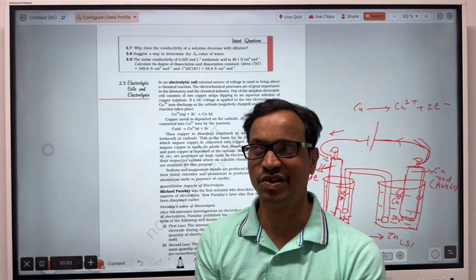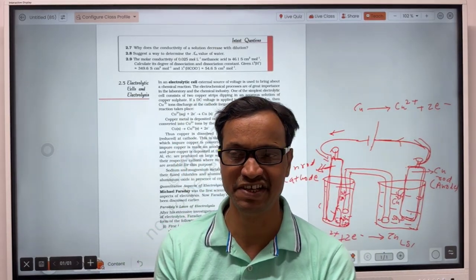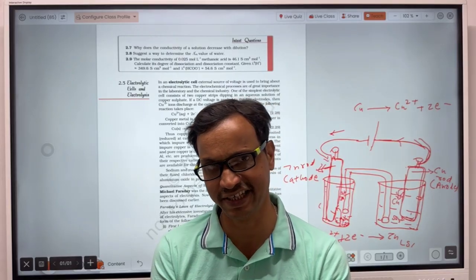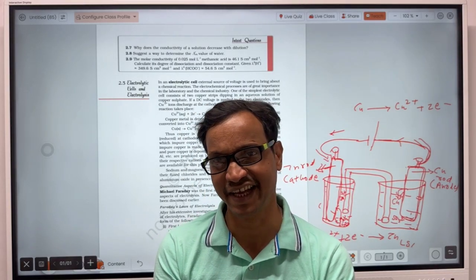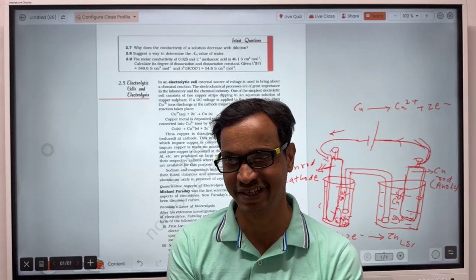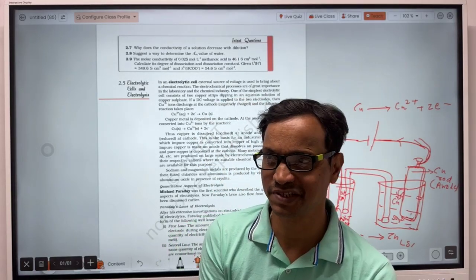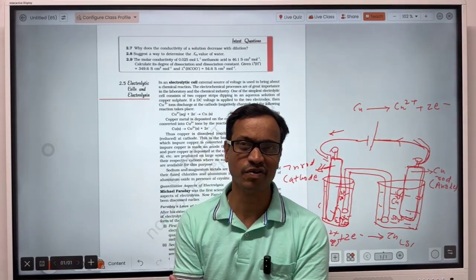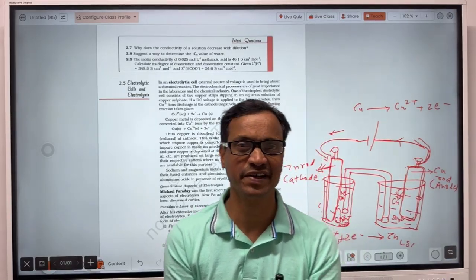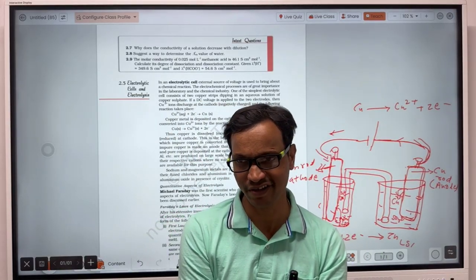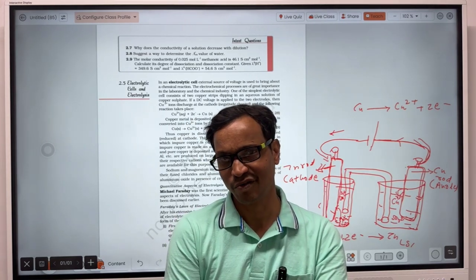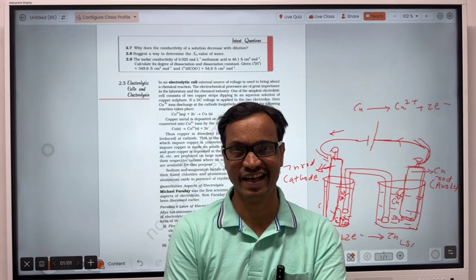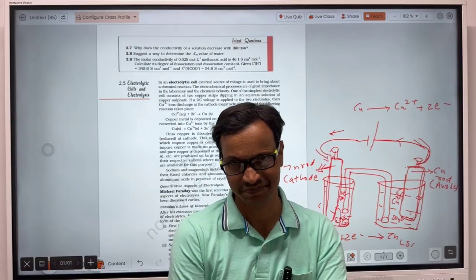So in the galvanic cell in which zinc and copper were taken, the copper rod was acting as cathode because cations were depositing at the copper rod.